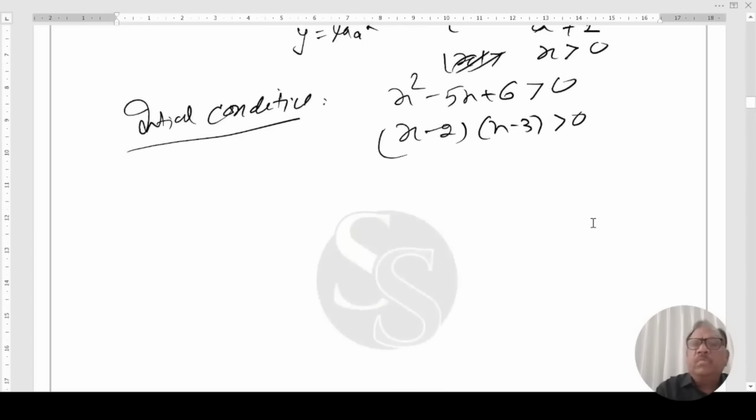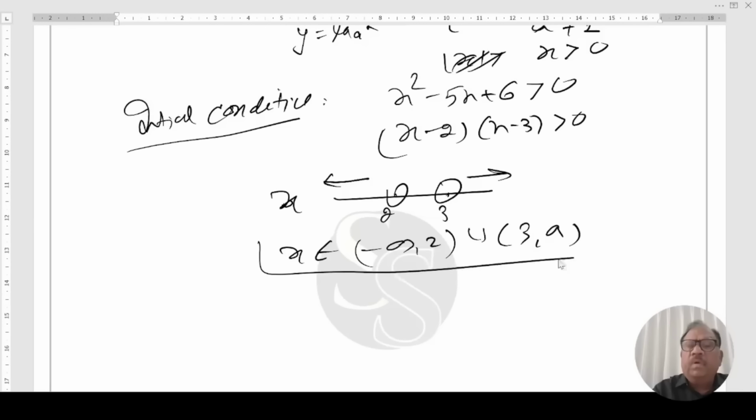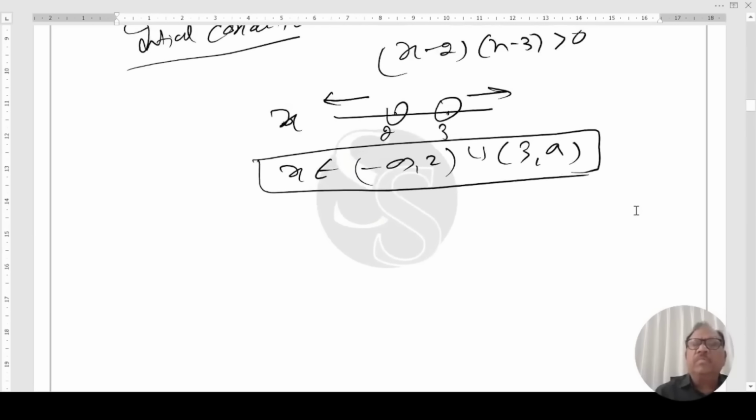On simplification, we get, on the number line with 2 and 3, x belongs to minus infinity to 2 union 3 to infinity. One condition is this one, the base condition, and now the second condition, the final condition.